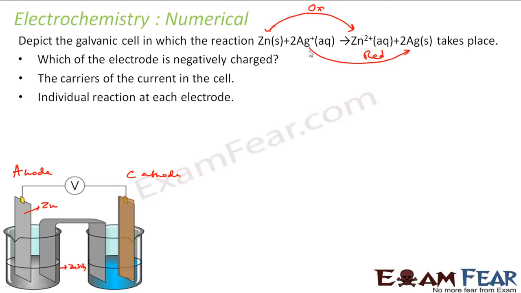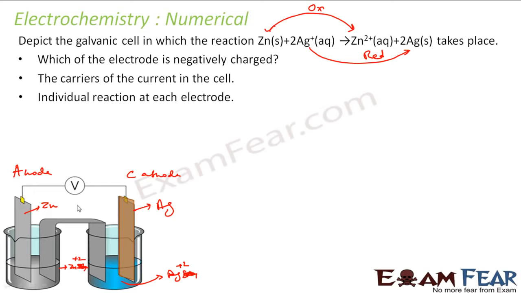And reduced is Ag+, so this is the Ag+ solution. Right? This is the Zn2+ electrolyte, and this is the Ag+ electrolyte, and this will be Ag, silver. This color doesn't look like silver, but since we didn't know which one is zinc and which one is silver, we just took this picture.